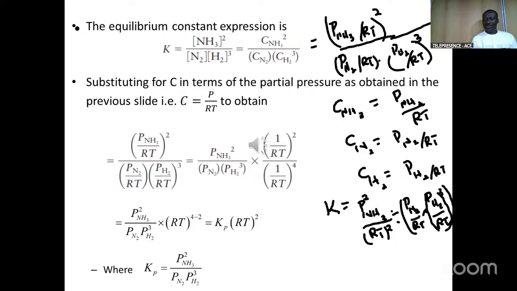So you can close the bracket. And that's what we have here.